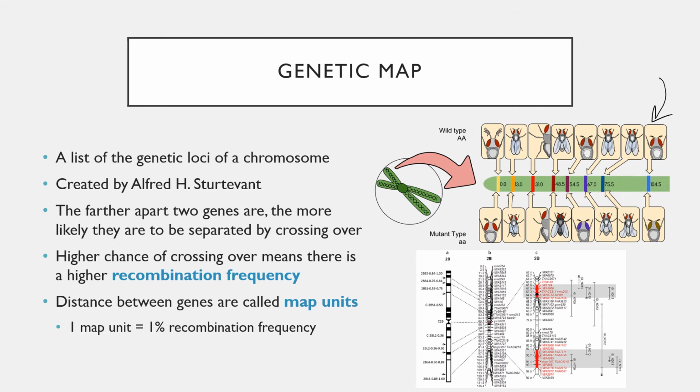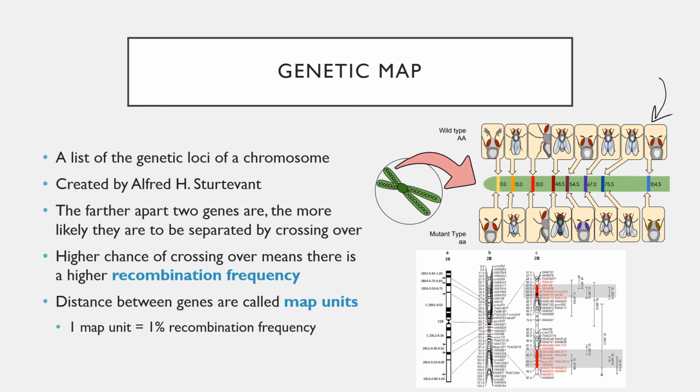So he created a list of all the genetic loci of a particular chromosome, and he called it a genetic map. He found that the farther apart two particular genes were on a chromosome, the more likely they were to be separated from each other. The closer they were to each other, the less likely they were to be separated. And through that, they discovered crossing over.